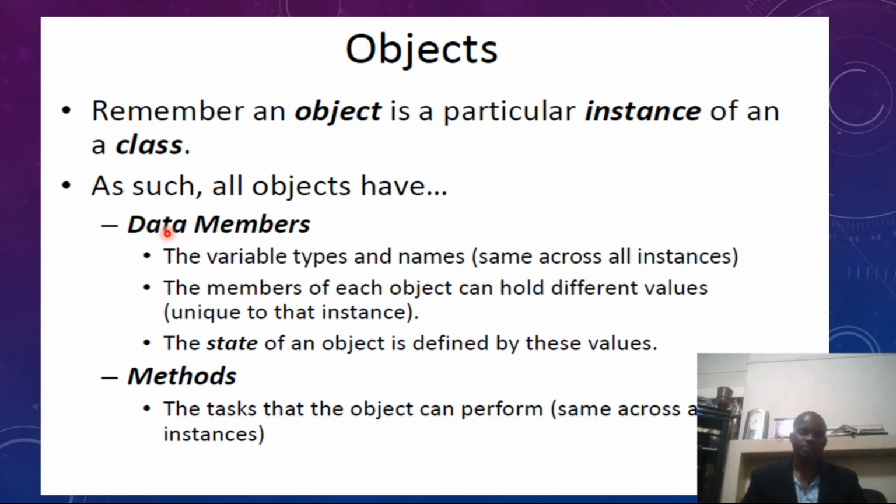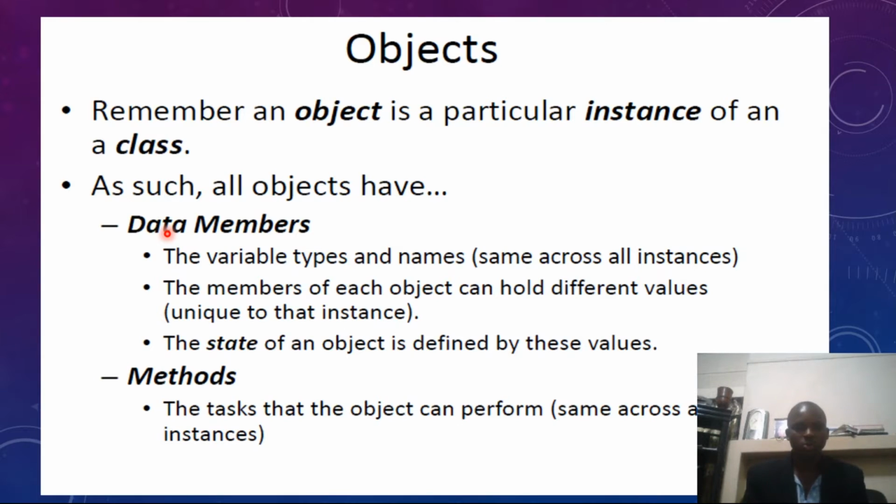These ones we find just on the top of your class, outside any method, but just inside your class. These are called instance variables, or we call them data members, right?